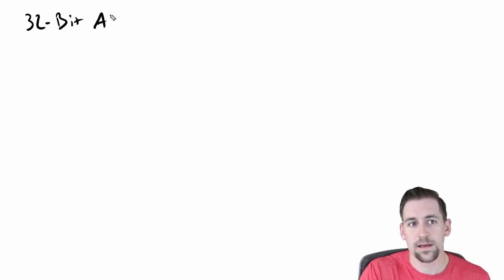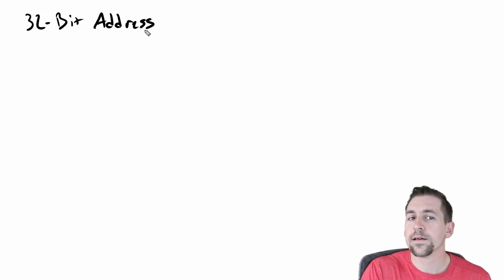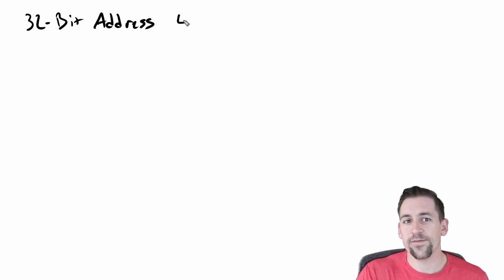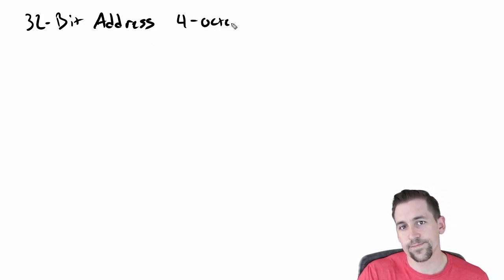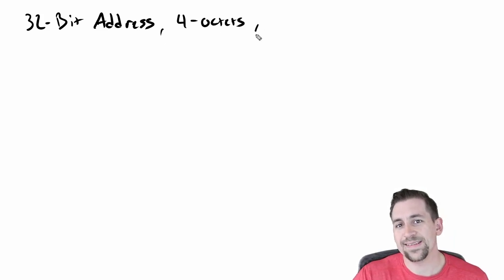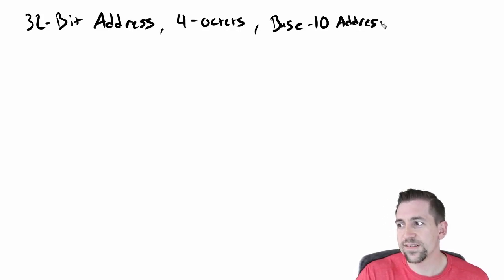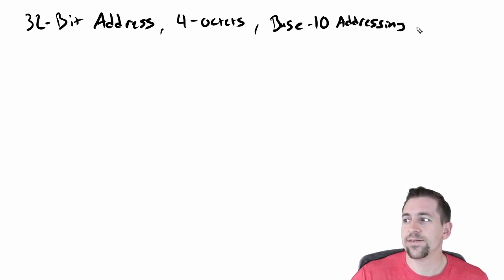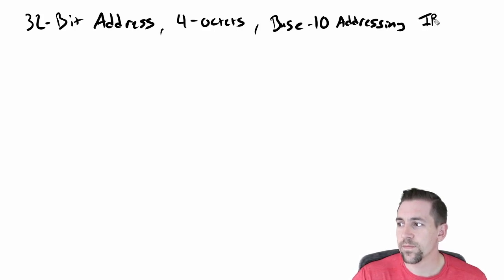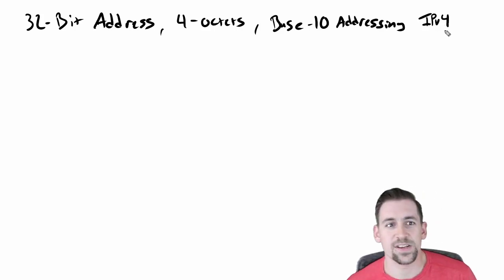IP addressing, Travis. Let's have this discussion of IP addressing. First and foremost, what is an IP address? An IP address is a 32-bit address made up of 4 octets. This uses base 10 addressing. Of course, I am talking about IPv4, which is probably the IP address we are most familiar with.